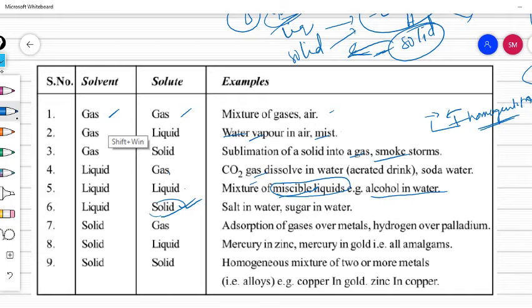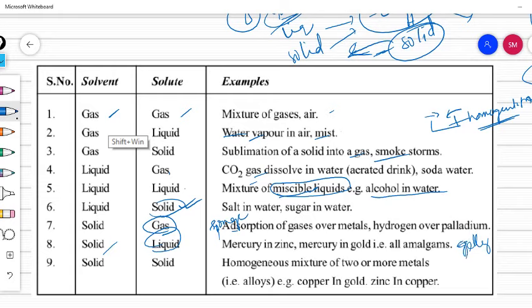Next, gas in solid. That is adsorbed hydrogen and sponge. Next, liquid in solid. Along with this example, you can take jellies also.